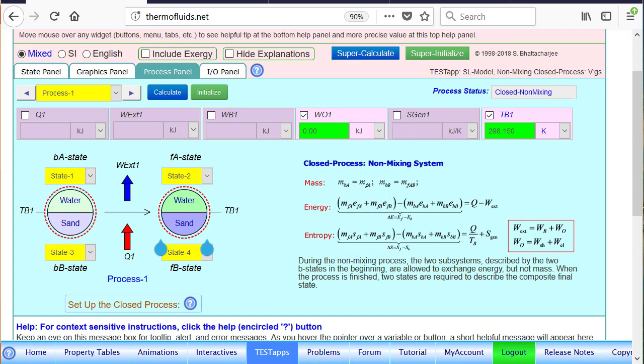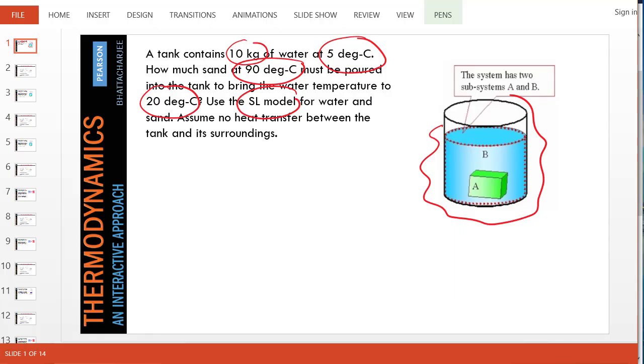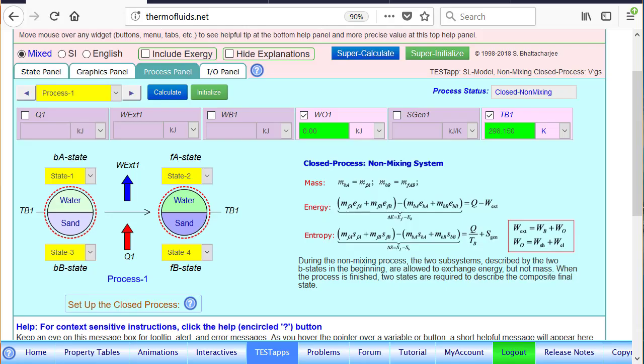As you can see, if you go back to the PowerPoint, we have systems A and B, whichever you want to call A. I think I call A the water in the app. But you get the picture. The entire system goes from B state to F state, where A and B are 2 subsystems. They're not mixing, the wall is a solid wall.